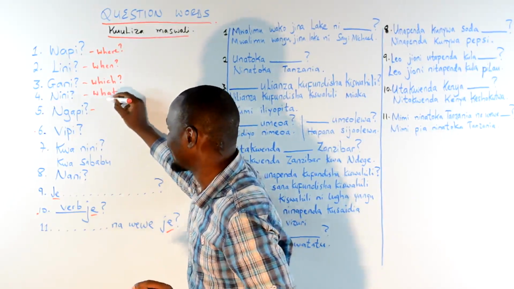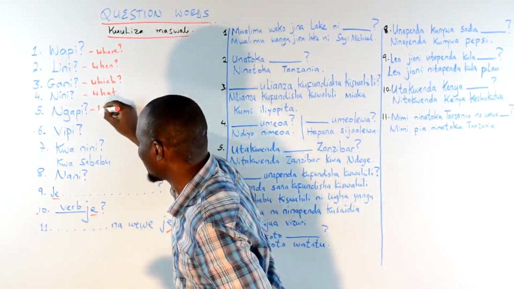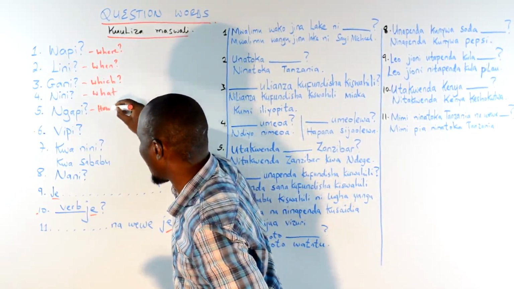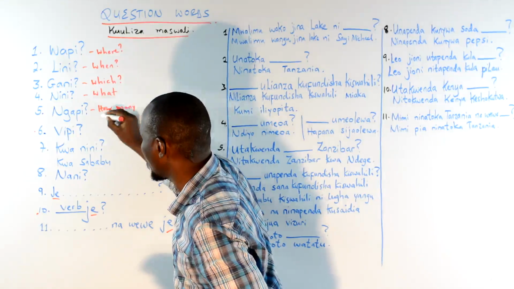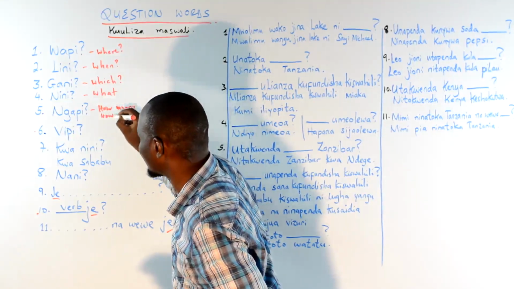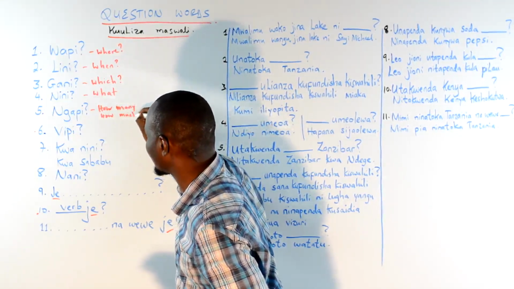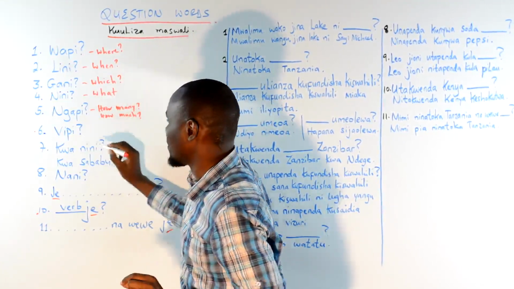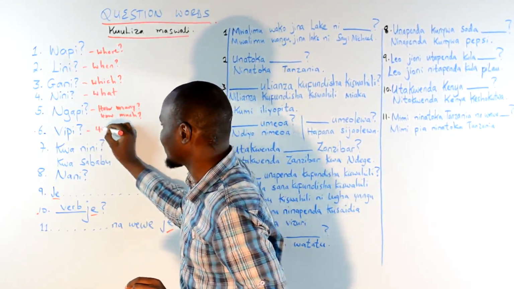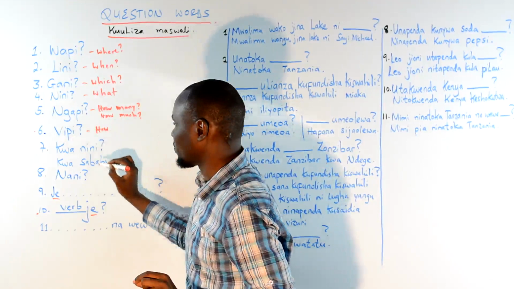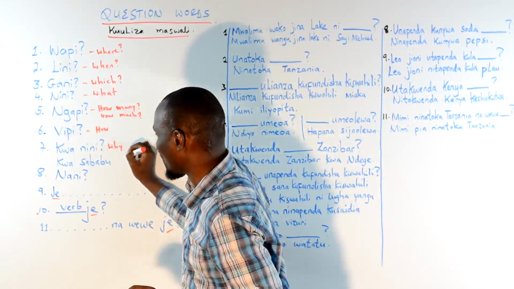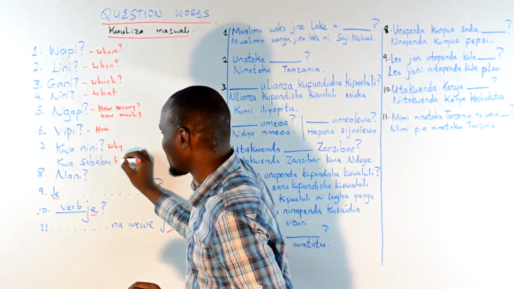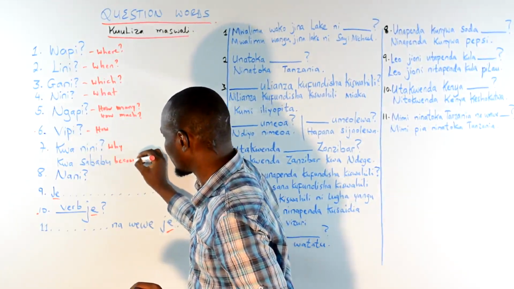Ngapi is how many. How much. Vipi is how. Kwa nini is why. Kwa sababu, because.